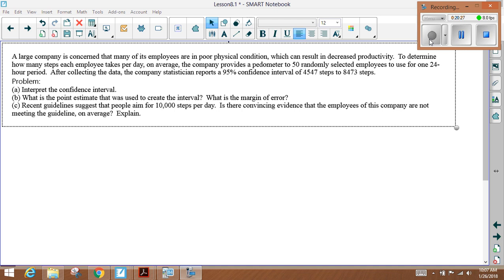The company provides a pedometer to 50 randomly selected employees to use for one 24-hour period. They collect the data, and the company statistician says there's a 95% confidence interval of 4,547 steps to 8,473 steps. All right. What are you going to say?